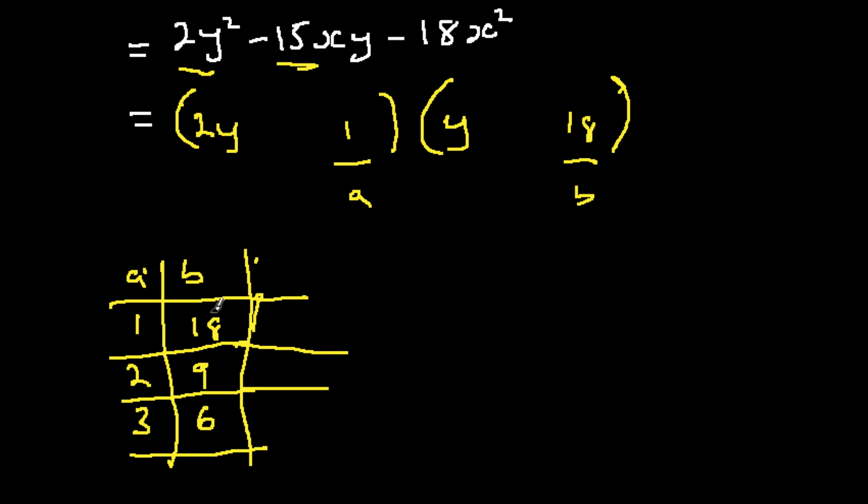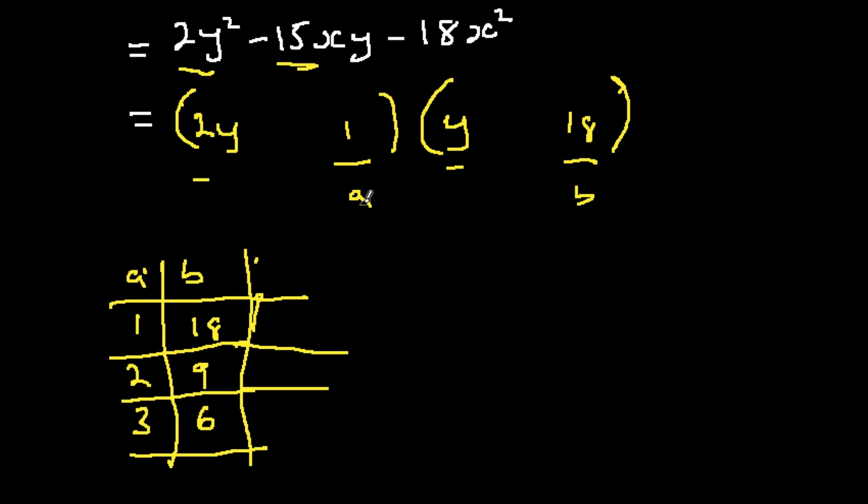In order to decide which of these three possibilities we want to use, we have to think about this middle term, 15xy. We have to pick a combination of A and B that obviously multiplies to produce 18, but also we can add the result when combined with these other terms here to produce 15. So let's go through and look at how that would work.